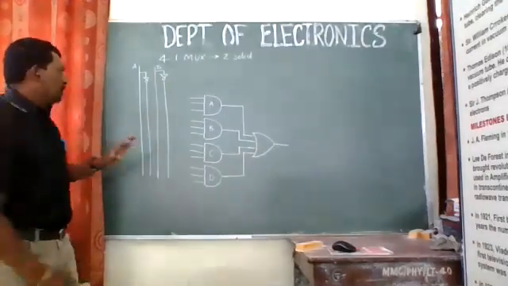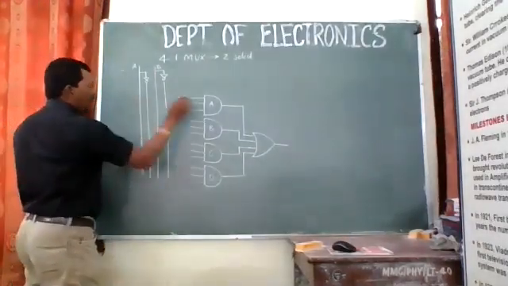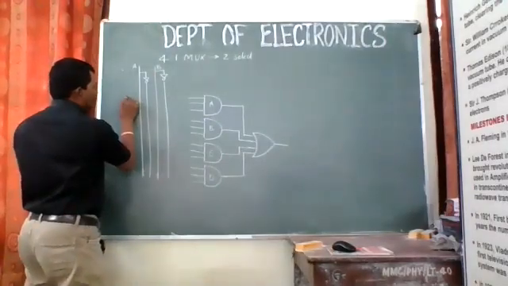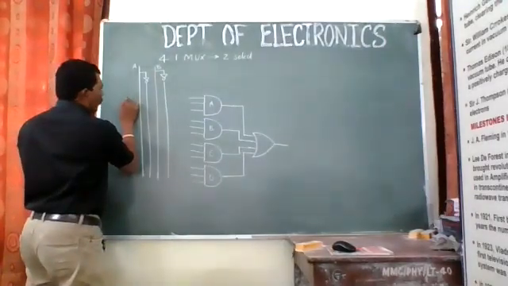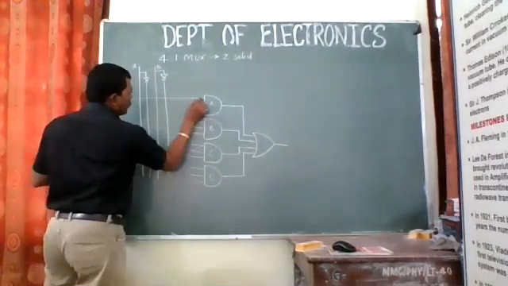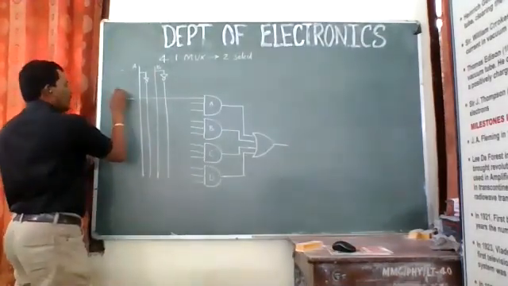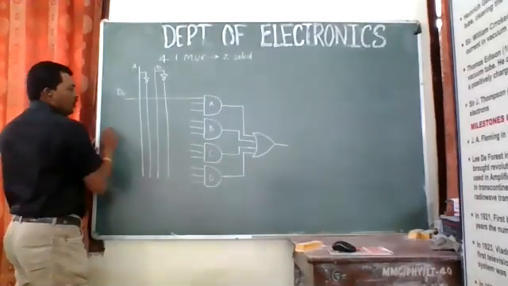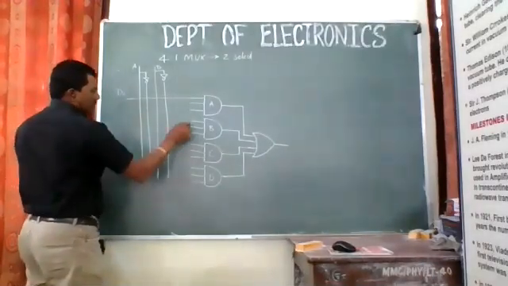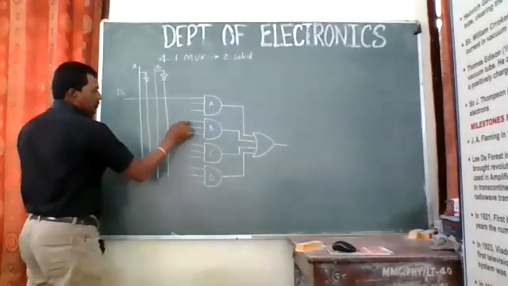Now the first terminal that we require of all the gates should be the input. So I am using these four lines for that. This is the first input that we'll call D0, or we can write source one.